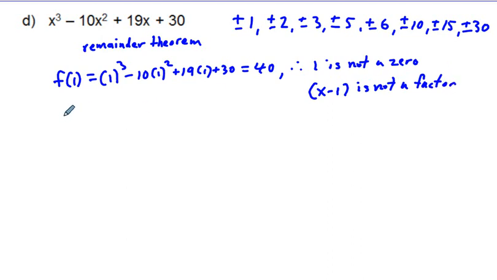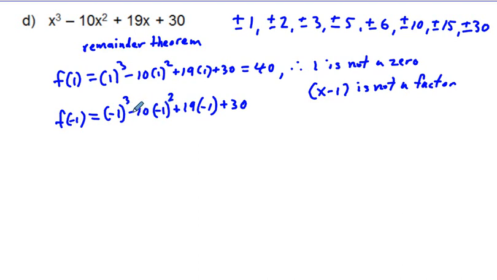So now we're going to try f of negative 1, which is going to be negative 1 cubed minus 10 times negative 1 squared plus 19 times negative 1 plus 30. And so we're going to have negative 1 minus 10.